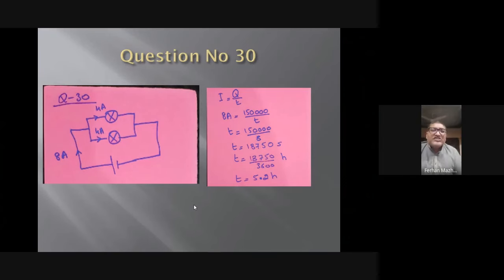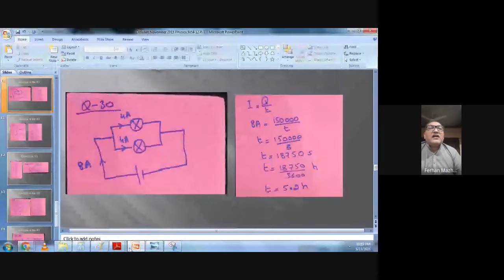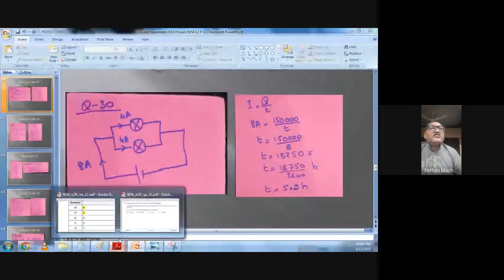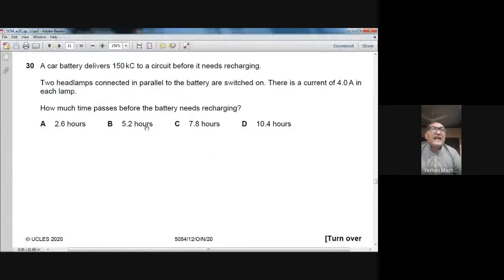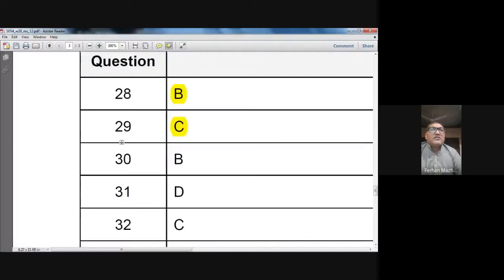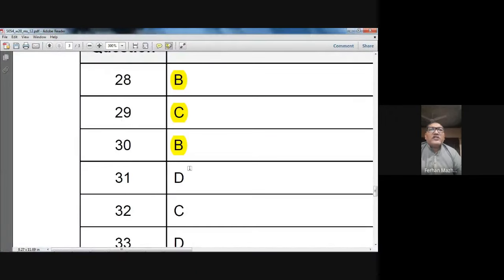Do this calculation on your calculator and the answer is 5.2 hours. Let me check the answer. Do we have this answer? Yeah. So B is the right option. 5.2 hours. Question number 30. B is the right option, sir.